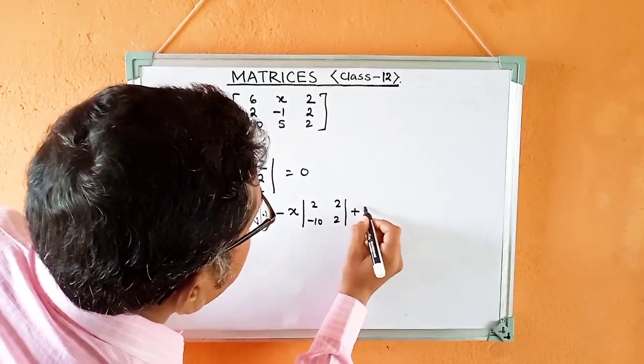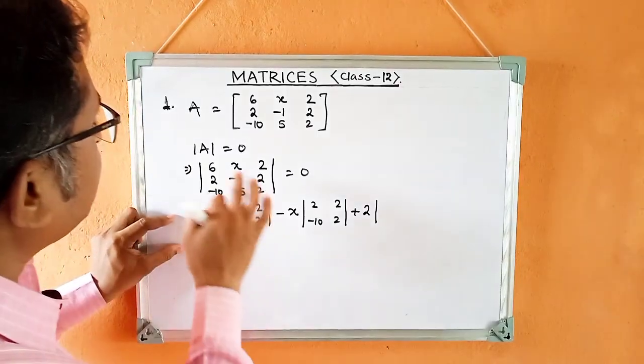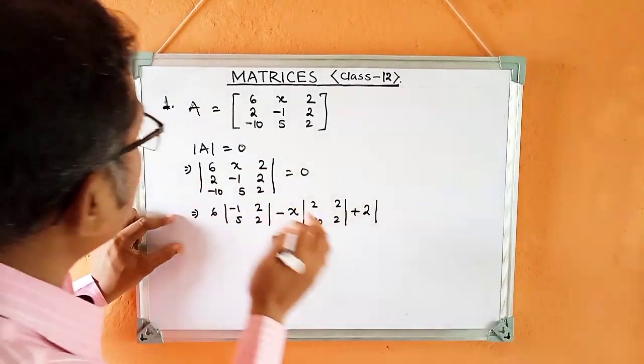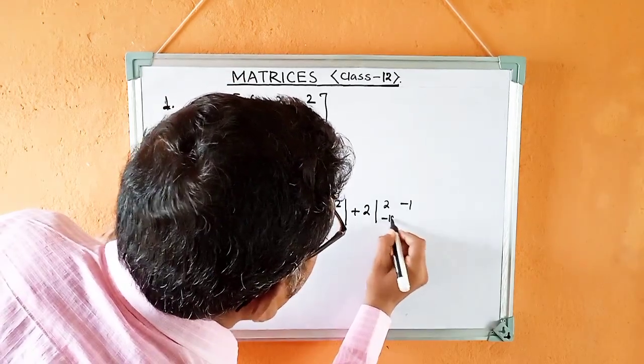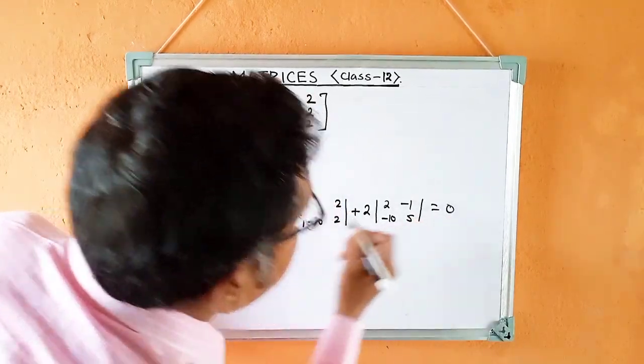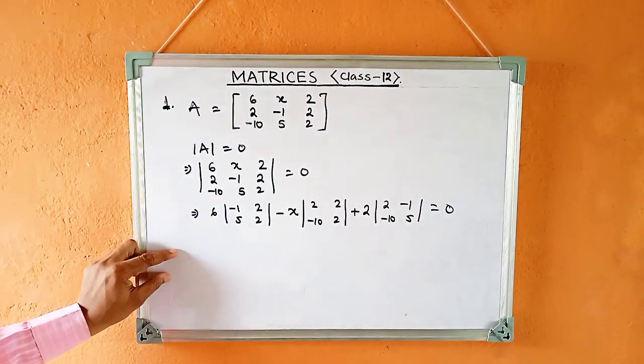Then plus 2 into the determinant of 2, minus 1, minus 10, 5, is equal to 0.